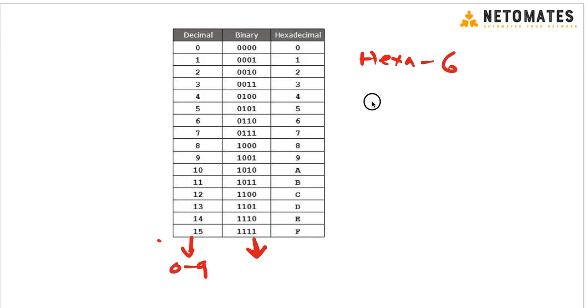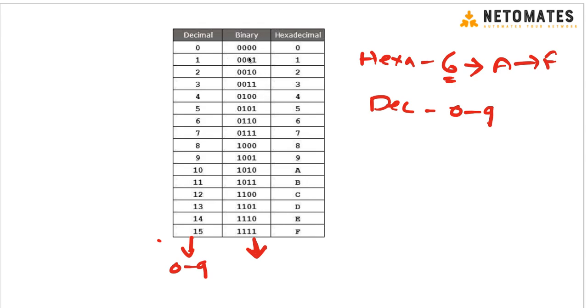Hexa means 6. Decimal, you already know, is numbers 0 to 9. These hexa 6 are the English alphabets A to F. So information can be represented in hexadecimal or decimal or in binary form.